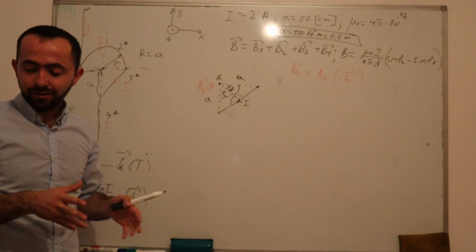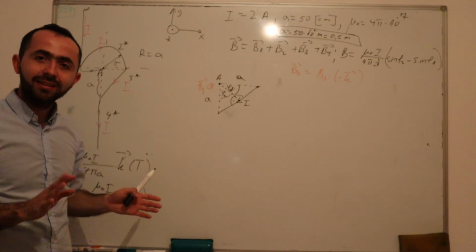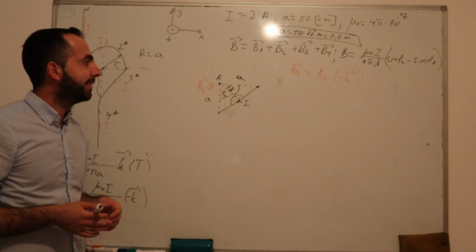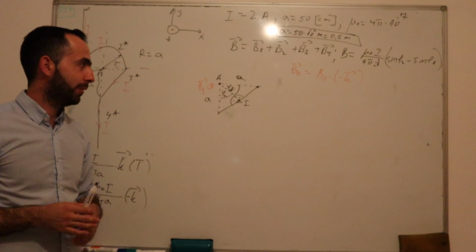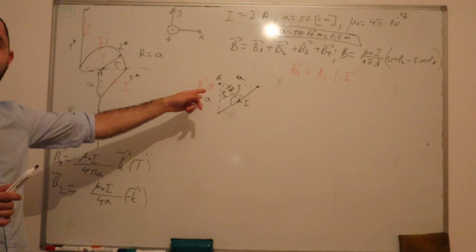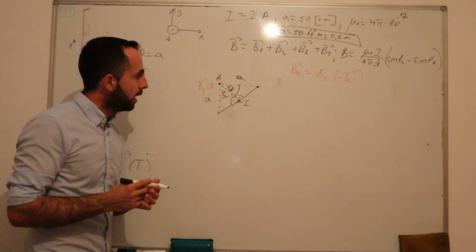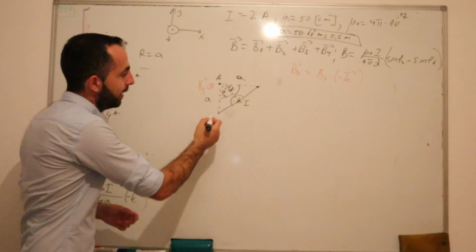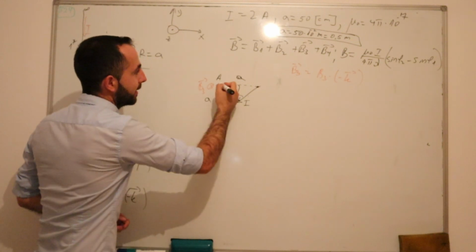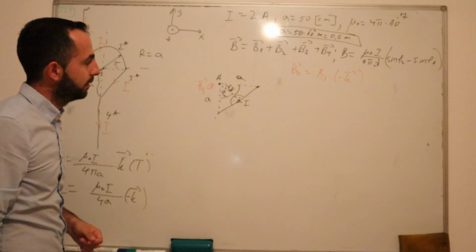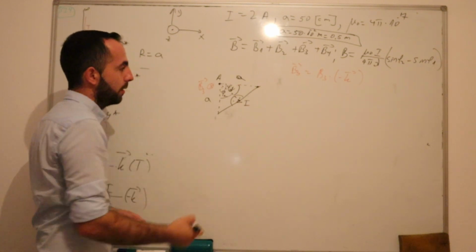Using everything that you know from geometry, we will very easily discover what this angle is. It is again 45 degrees. Why? Because we have here a 90-degree triangle with its cathodes. This is the first cathode, this is the second cathode, and this is the hypotenuse.